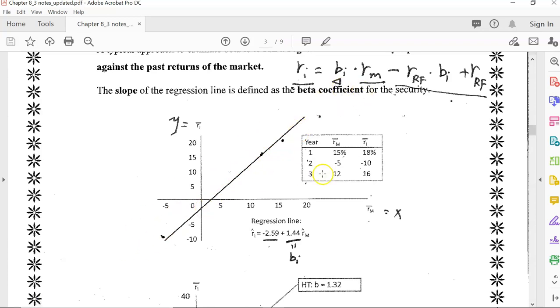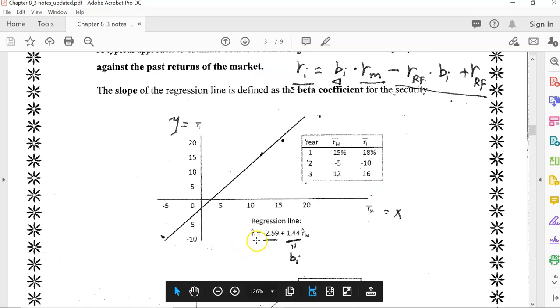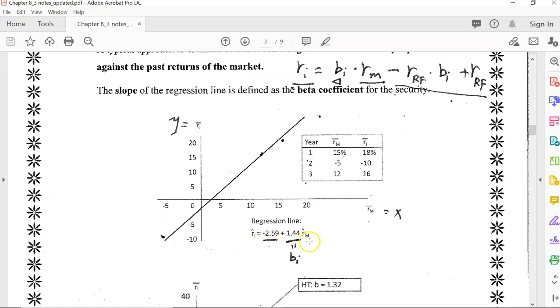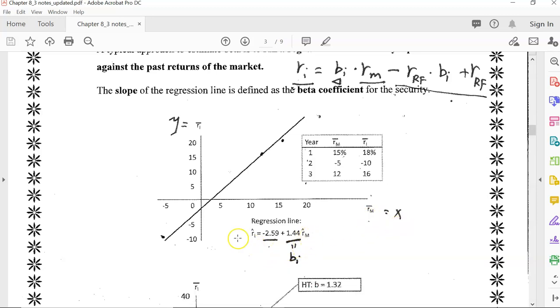This regression line is the capital asset pricing model for stock i. Ri becomes negative 2.59 plus 1.44 Rm. So this 1.44 is our estimated beta for stock i. Rm here, we treat as X. Ri here, we treat as Y.